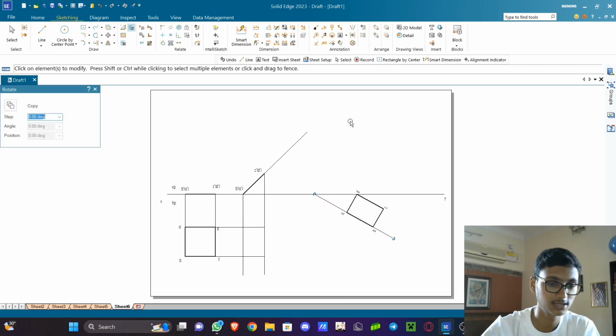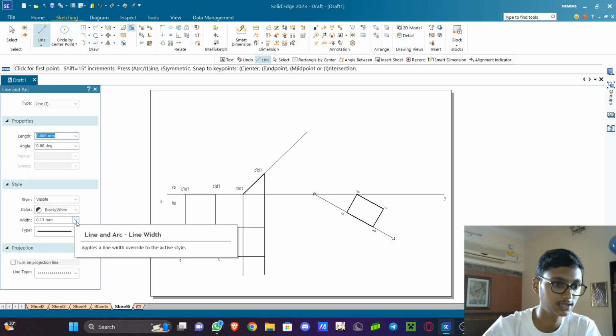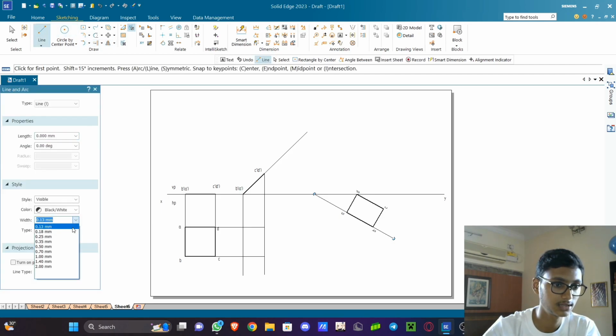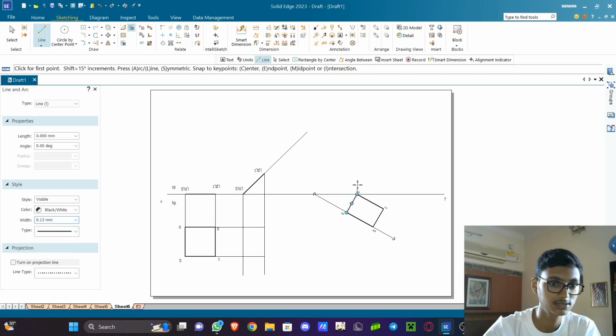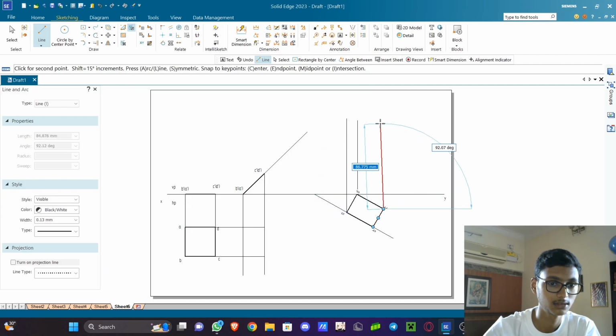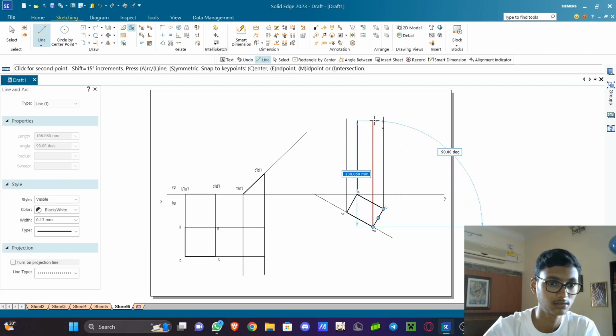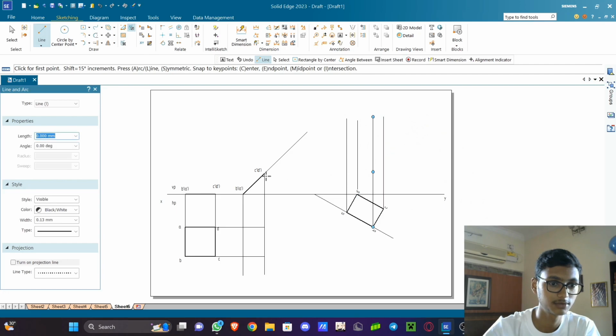Now we have to project this line towards upwards. So for projection, let us take a thin line. So it's already thin line. Now let me project upwards. And we have to project even these lines.